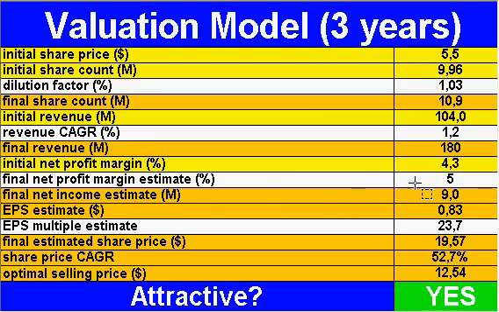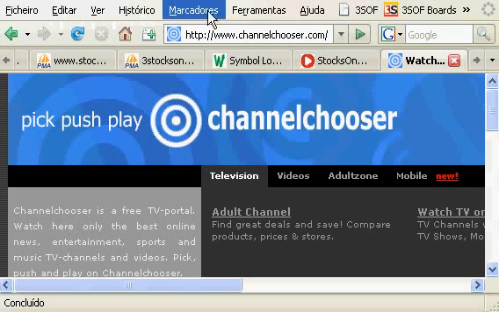But with this 5% net profit margin, it would get me $9 million in net income for 2009 and 83 cents per share of profit, with the earnings multiple of 23.7, which is the industry average. Let me just show you that.